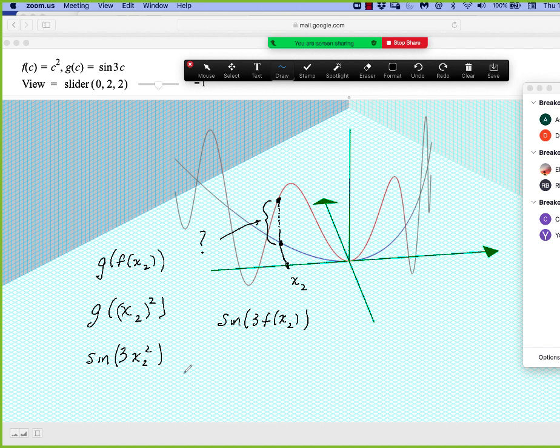Sine of 3y. And so if we're corresponding to x2, maybe it's sine of 3 times y2? Oh, yeah. z sub 2. z2?